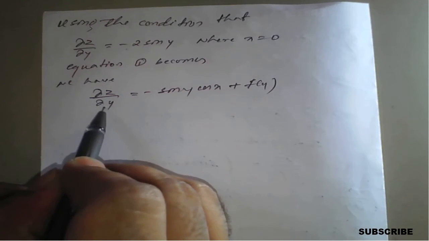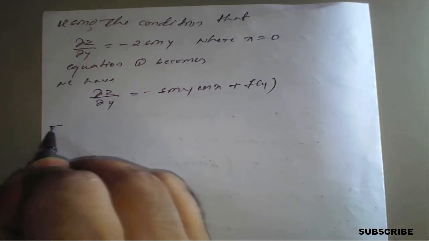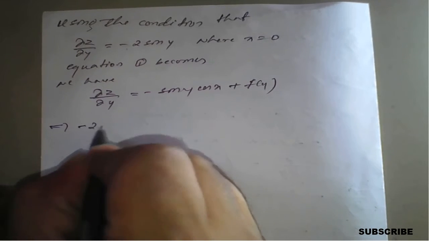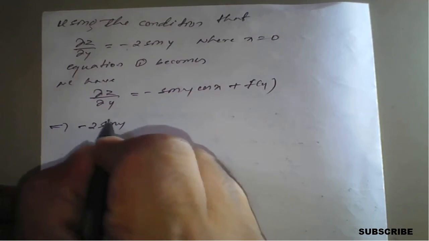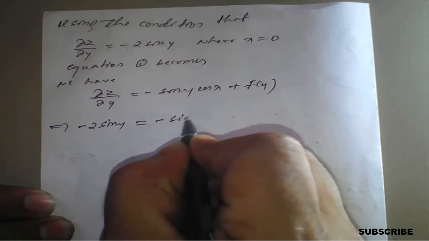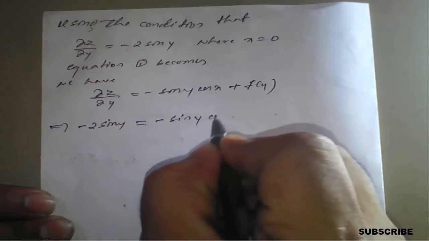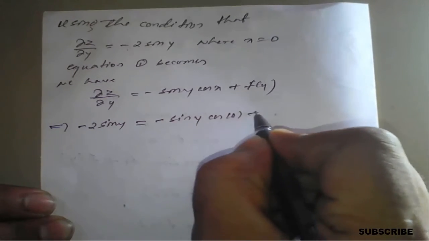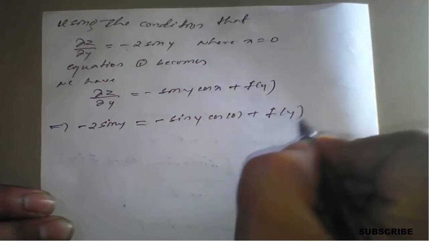So it becomes -2 sin y equals minus sin y cos 0 plus f of y as it is.